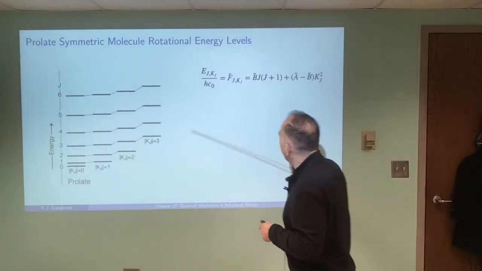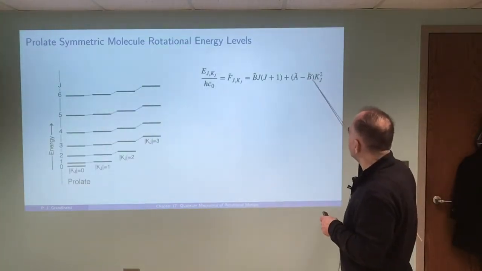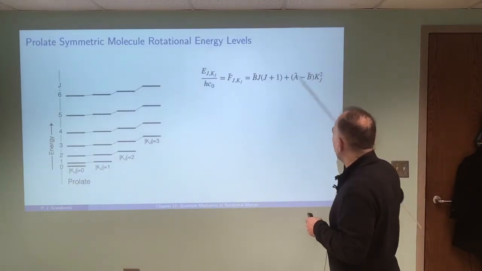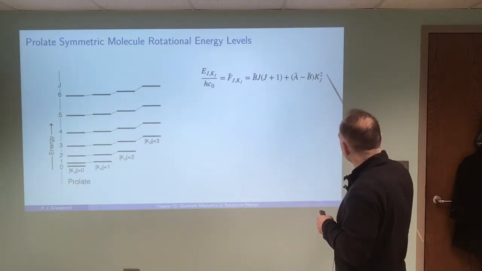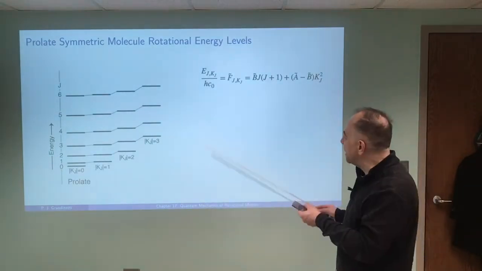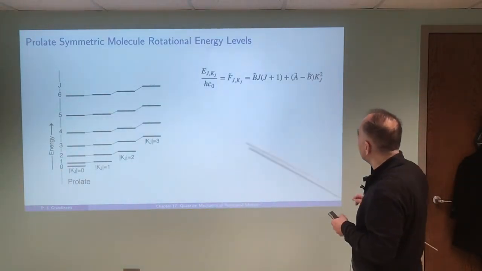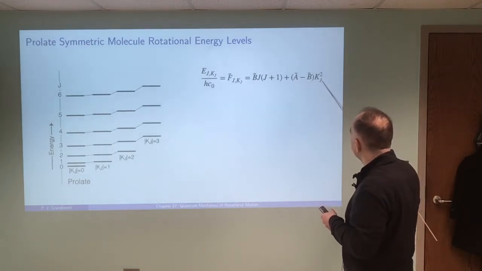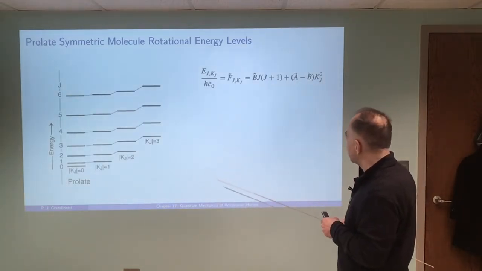So now we will look at the energy levels written in terms of these wave numbers, where it's given by this expression here. And this Kj is the term that will now be different than what we had in the spherically symmetric case. This will shift the levels as Kj changes.